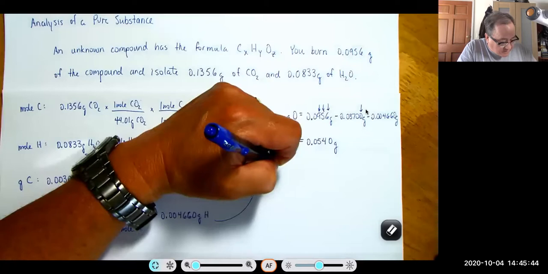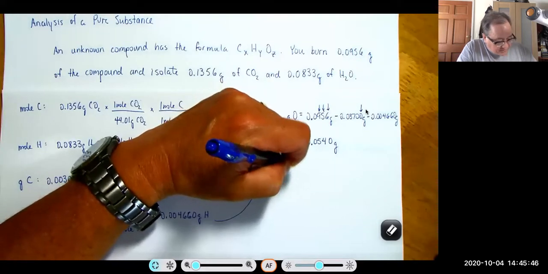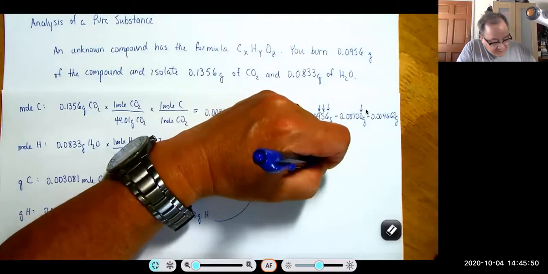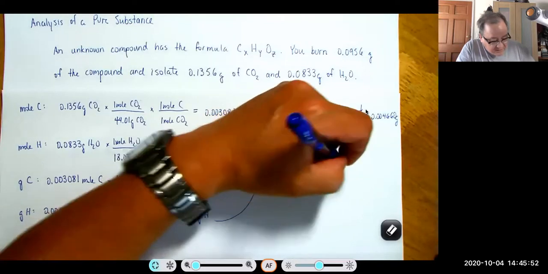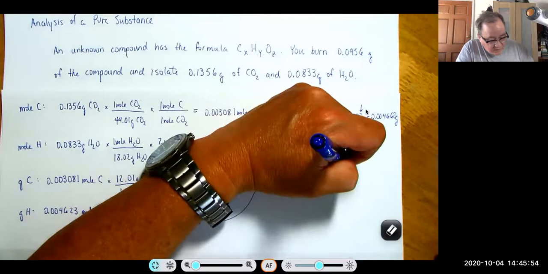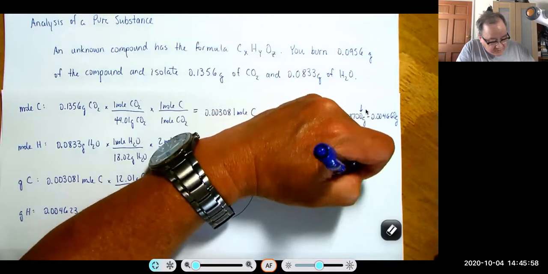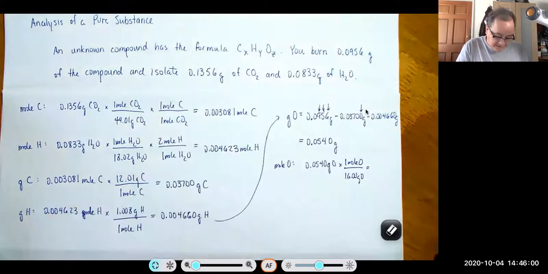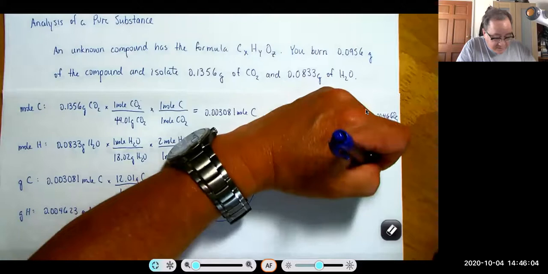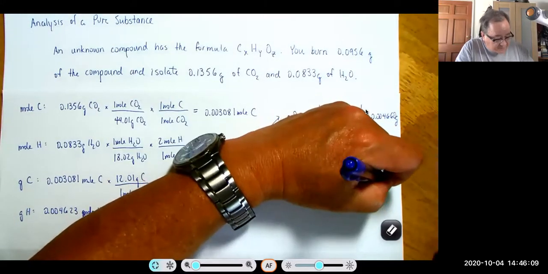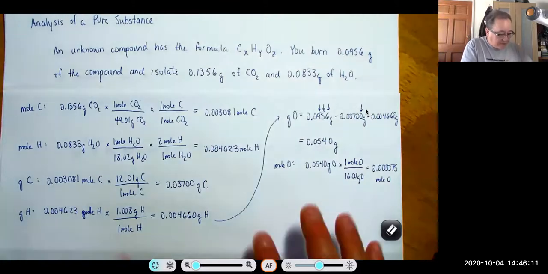And then the moles of oxygen, I'm going to get by doing 0.0540 grams of oxygen times 1 mole of oxygen per 16.00 grams of oxygen. And let's see what we get. I get 0.003375 mole of oxygen. So let's put it all together.